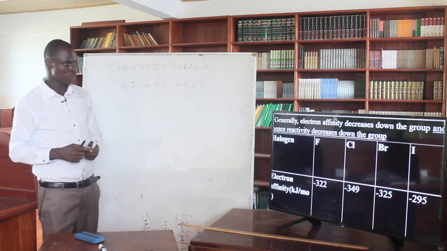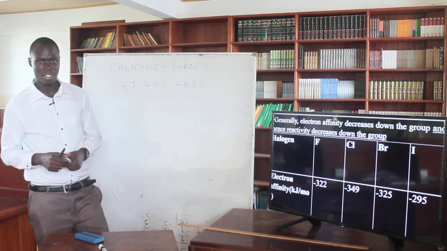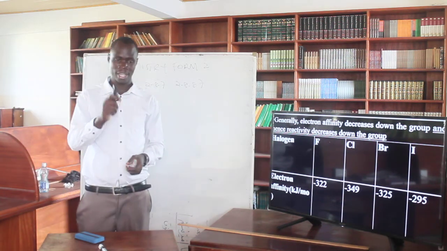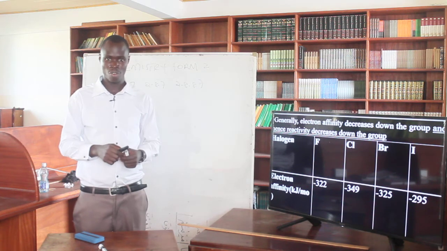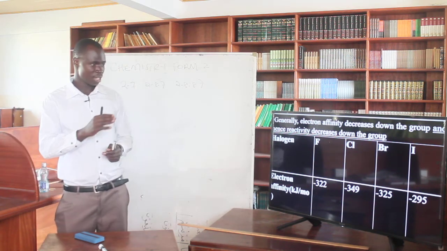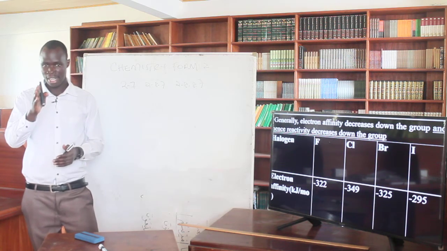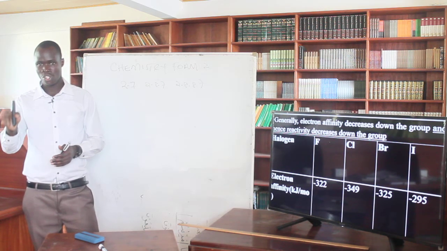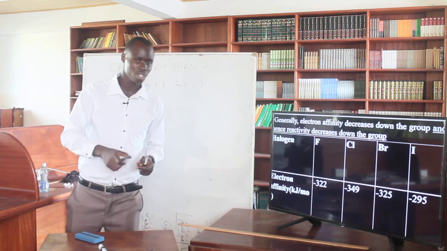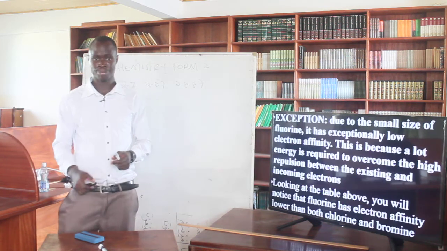In normal cases, we would expect fluorine to have the highest electron affinity. But from there, you see that the trend is that electron affinity decreases down the group. But we have one exception in the place of fluorine.